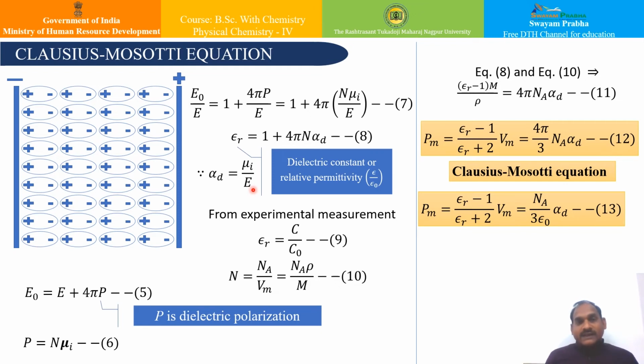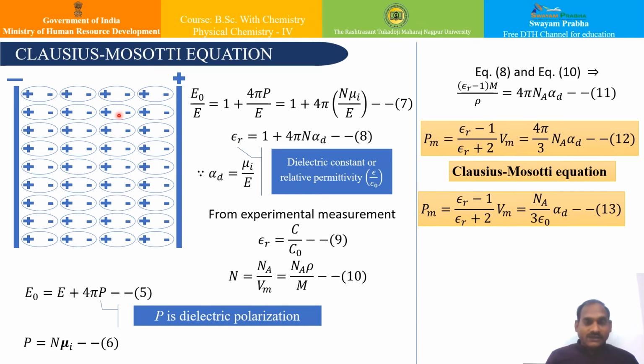Suppose that several molecules of a substance in the solid, liquid or gaseous state are introduced in the space between the plates of a condenser, which is charged by applying a constant electrostatic field. Such a substance is called a dielectric and is assumed to be an insulator.